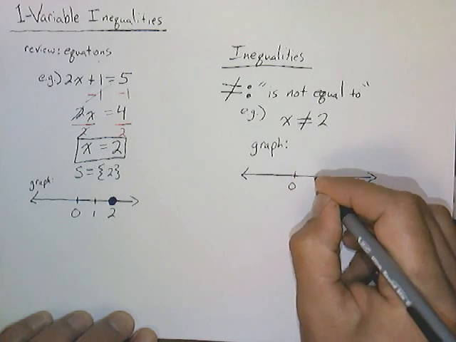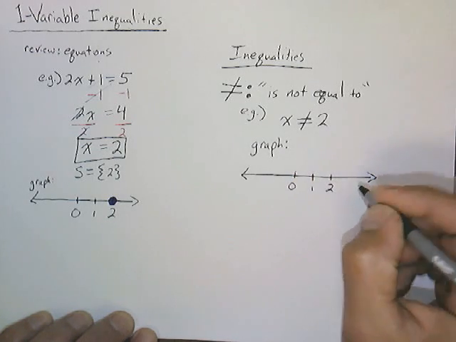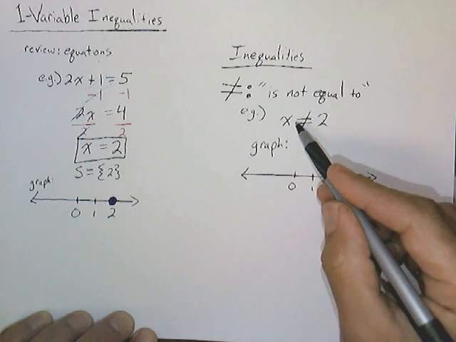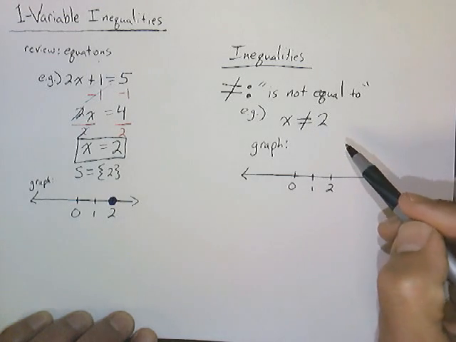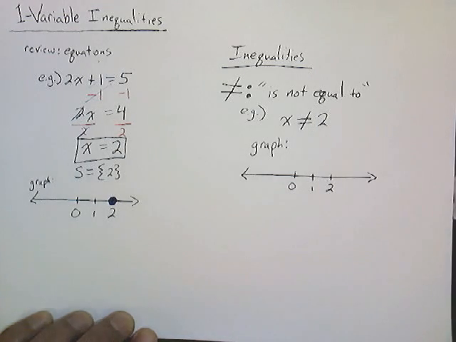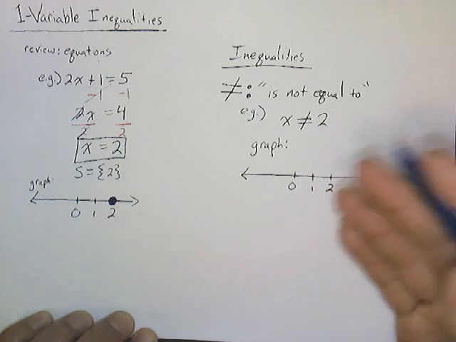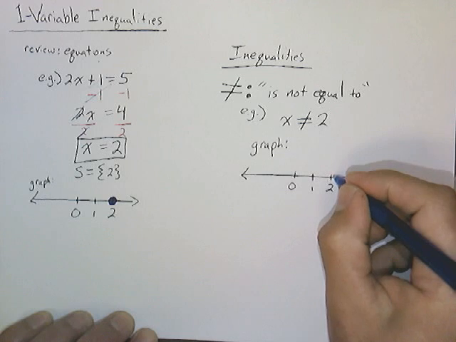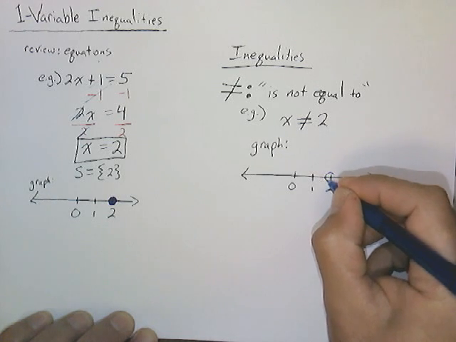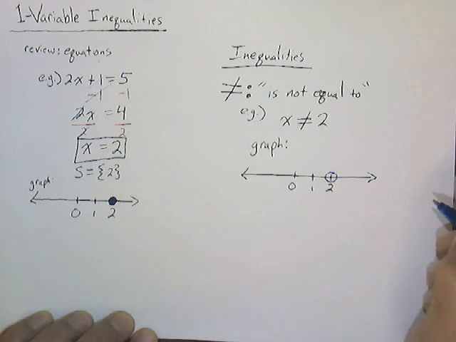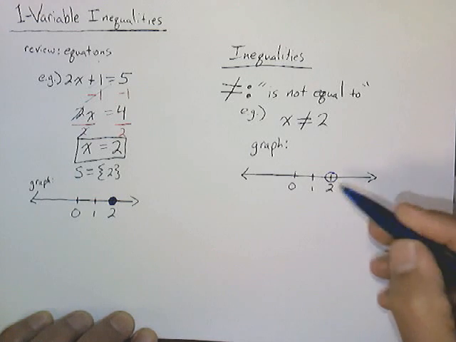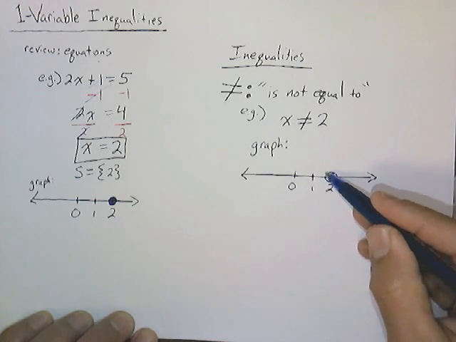Here's 0, here's 1, here's 2. Now what we're saying is we want everything except for the number 2, or the point which we named with the number 2. So the way we show that, and we've looked at this before, if we don't want the point, we just put an open circle over that point. So we don't want the 2 because we leave the circle open.